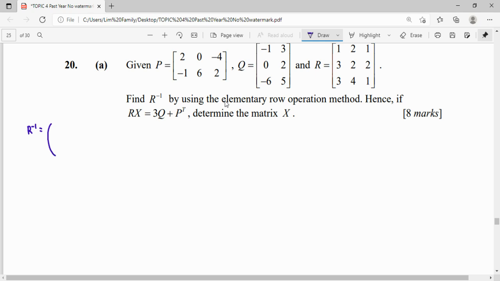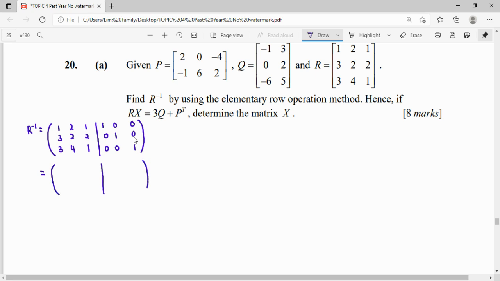The first entry here will be the matrix R itself, and then on the right-hand side, it will be the identity. We're going to perform row operations to change all the entries on the left to become the identity matrix, and the result on the right-hand side will become the inverse matrix of R.